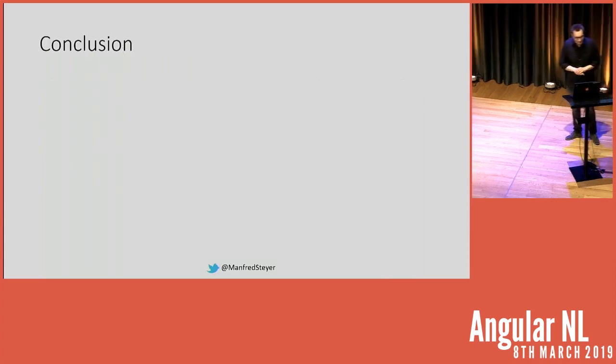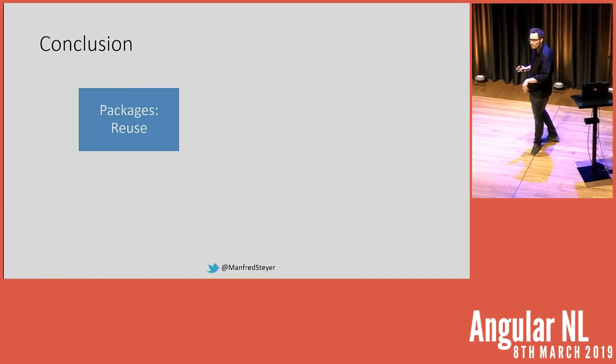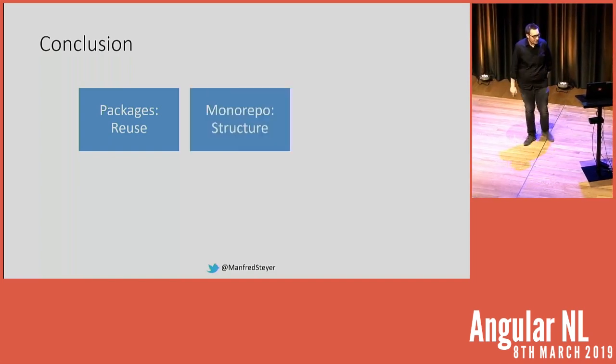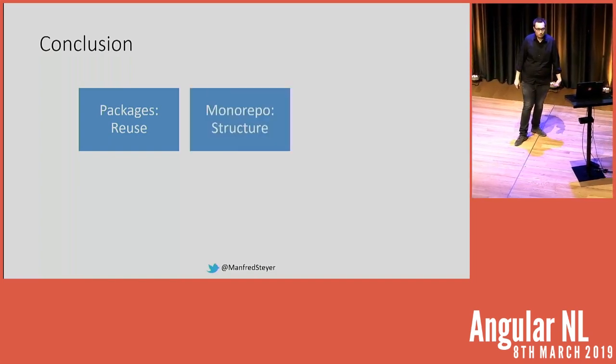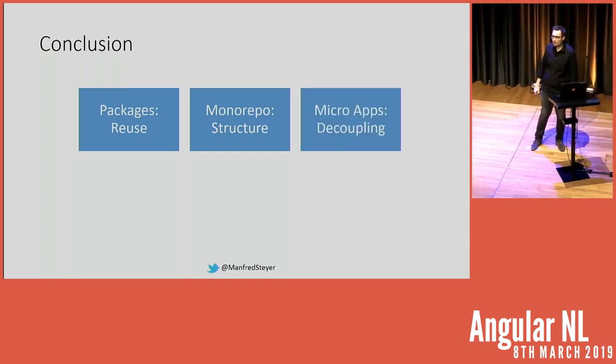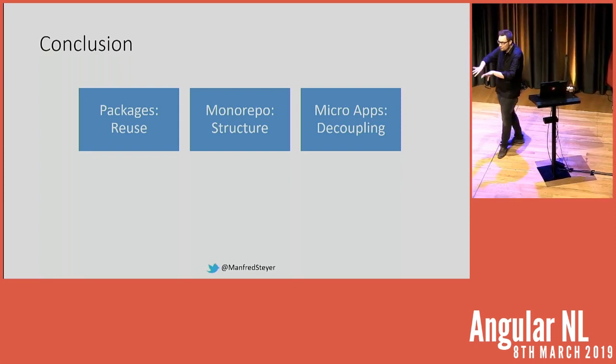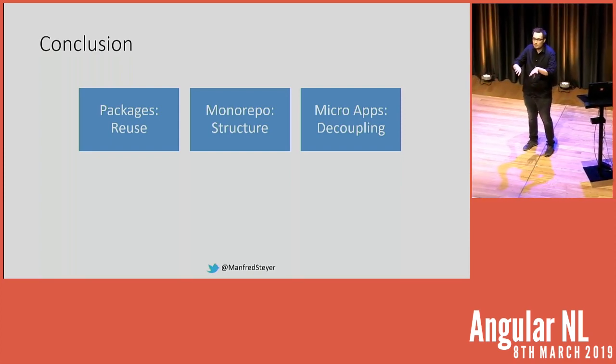So let me come to a conclusion. We have seen we can use packages to provide reusable code. And we have seen we can use the monorepo to structure a big application, to subdivide it into tinier, less complex parts. And we have seen that micro apps allow us to decouple things. They allow us to decouple projects, but also to decouple teams.